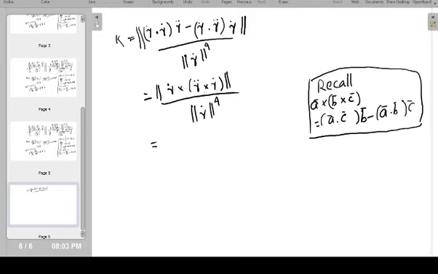Therefore, the angle between this cross product vector and gamma dot will be pi by 2, and the cross product is given by the norm of A cross B equal to norm A into norm B into sine theta, where theta is the angle between the two vectors, into vector n.